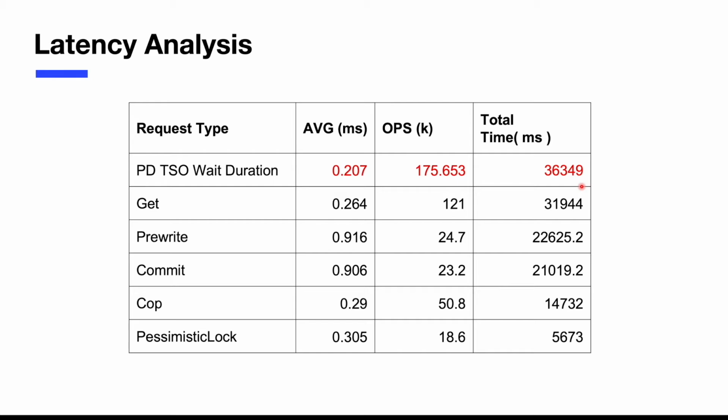In the slide, what is interesting is that it reveals that PD TSO wait duration is actually the top consumer of database time. You would never conclude this by just looking at the average latency from the previous slide.